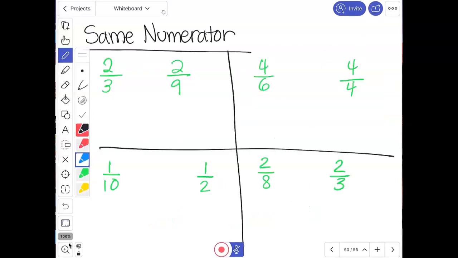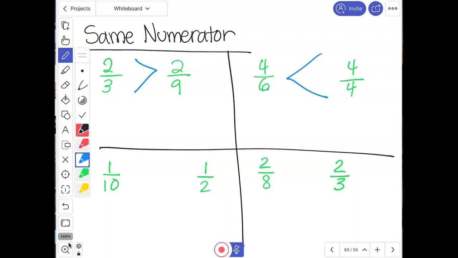Let's do some practice. Okay, if I have 2/3 or 2/9, thirds are larger than ninths. 4/6 or 4/4. Well, that one's actually even easier because 4/4 is a whole and 4/6 is less than a whole. But I also know sixths are smaller pieces because I have to take more cuts to make sixths than I do to make fourths. 1/10 or 1/2.